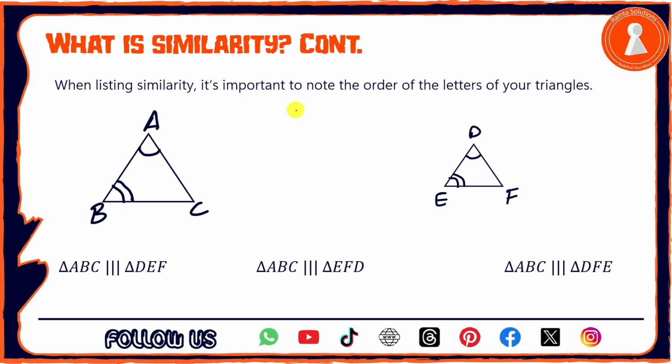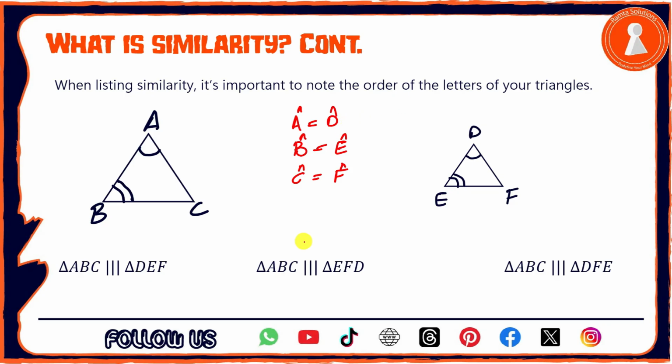It says angle A is equal to angle D, angle B is equal to angle E, and angle C is equal to angle F. So remember what I said: when you say one triangle is similar to another, the order is important. The first letter is A, which means angle A is equal to angle D.